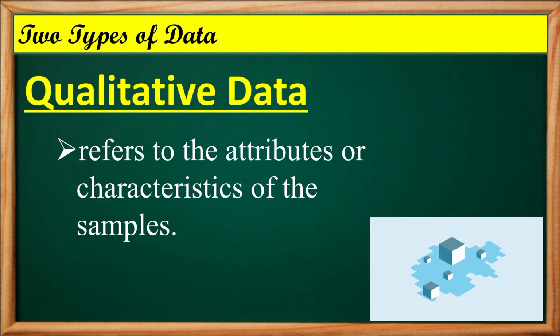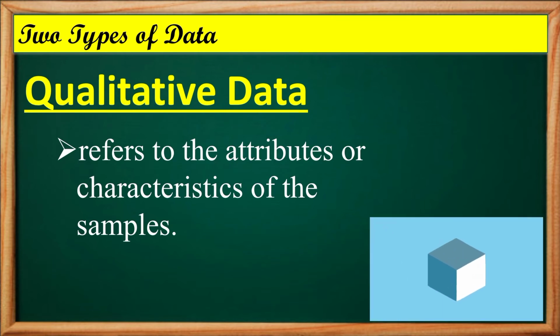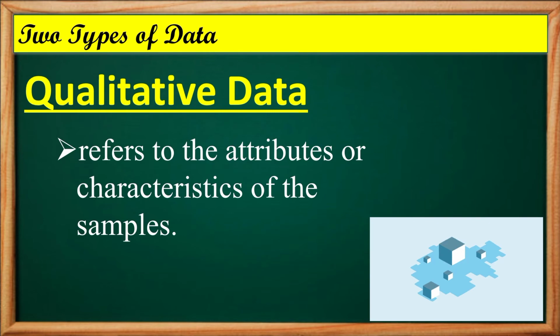Okay, example of qualitative data. Qualitative information of individuals such as gender. Diba? If we will say gender, dalawa lang. Male at saka female. Diba? Male or female. That is your selection.